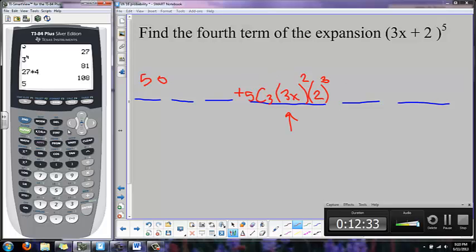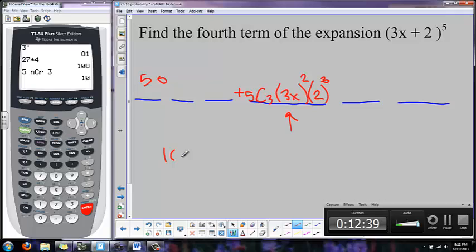Now I can simplify. 5 choose 3 is a 10. Now this is just a little bit confusing because (3x) squared is not 3x squared. It's 3 squared times x squared. You have to distribute that 2 to both of them.